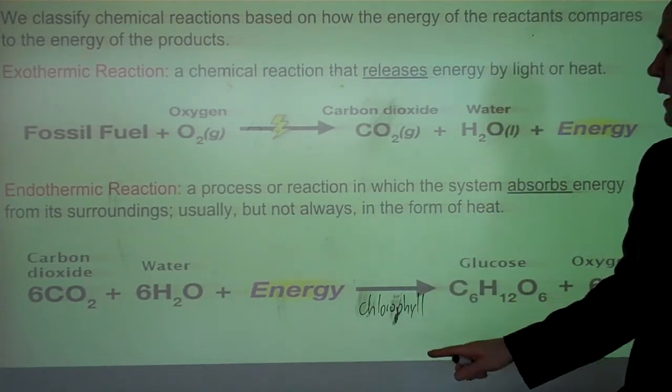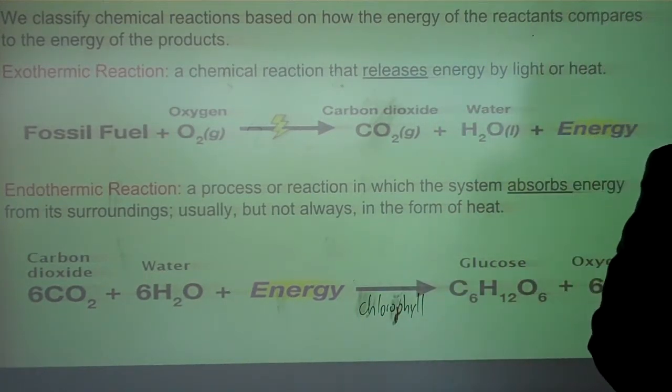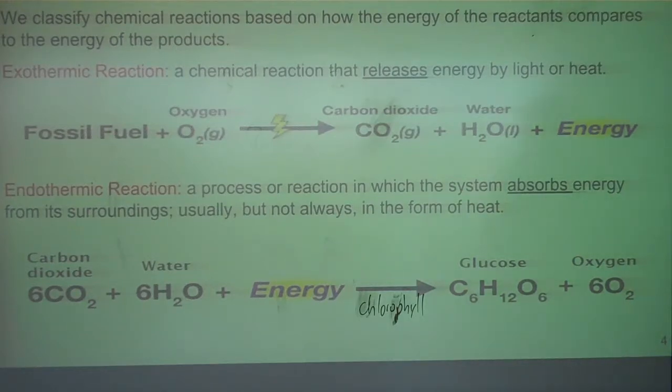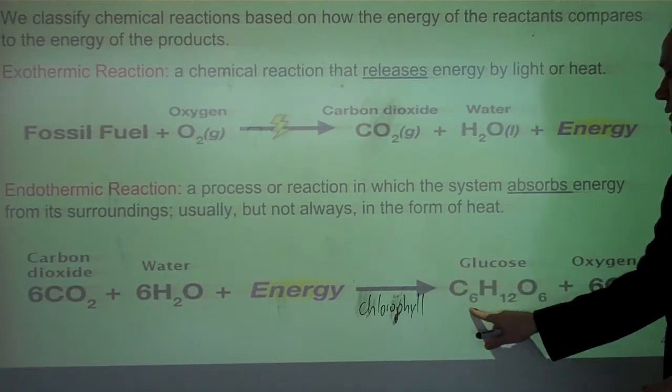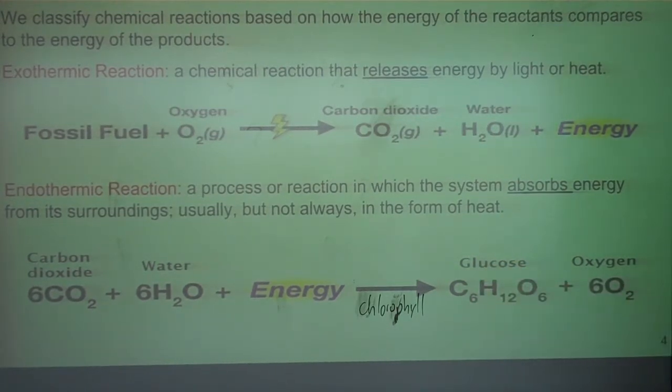Chlorophyll in the chloroplast is responsible for capturing that energy as sunlight and producing glucose as this high energy molecule. And of course, cellular respiration takes that and then produces ATP in the mitochondria. And then you've got oxygen as a waste product, which is great for us. Okay, can I change? Yeah.